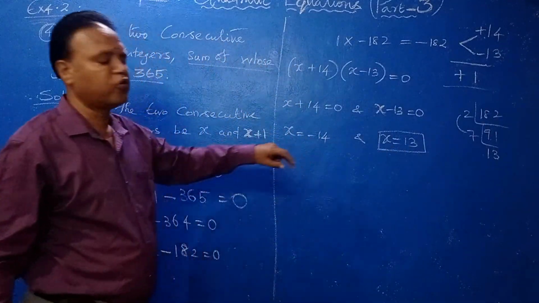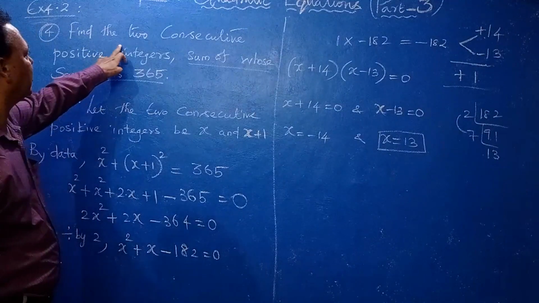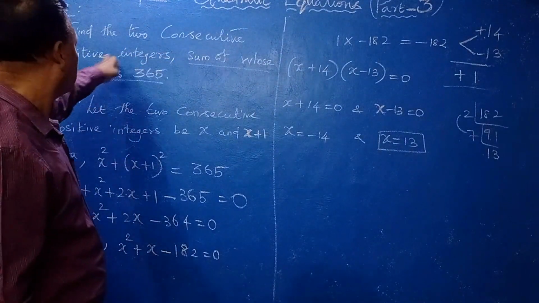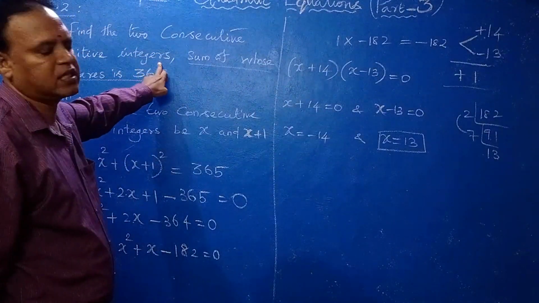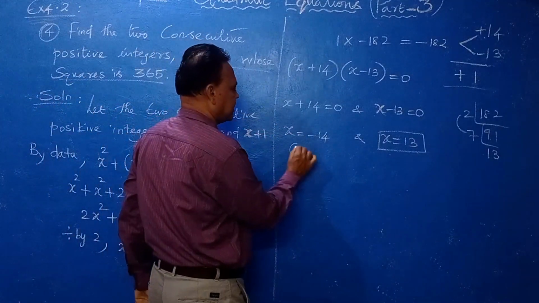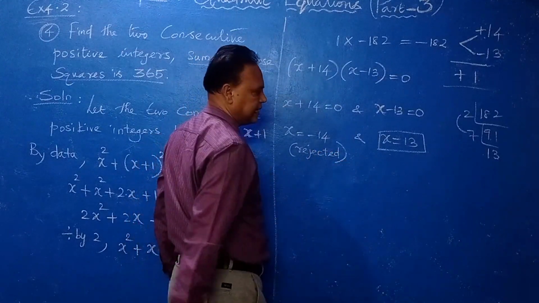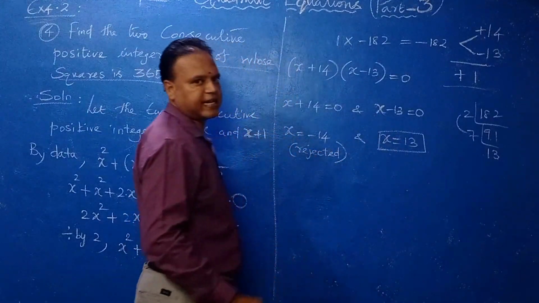You see here x equal to minus 14 is rejected. Why? Because in the given problem it is two consecutive positive integers. It is given positive integer, but we are getting negative. So it is rejected, because of negative it is rejected. Therefore, x equal to 13 is correct.